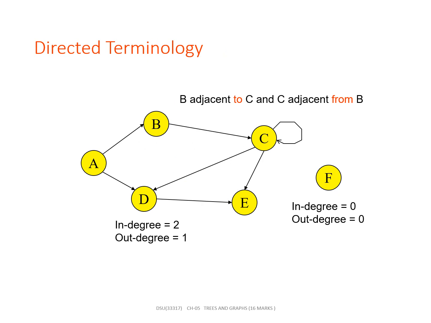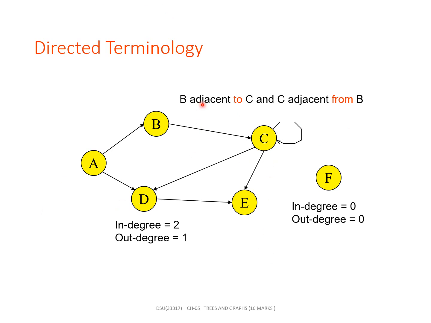Now this is the directed terminology. See here, the in-degree of D is 2 because these are two incoming edges, and the out-degree of D is 1 because this is one outgoing edge.